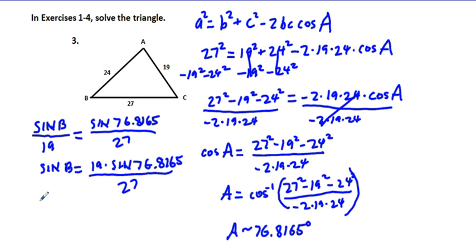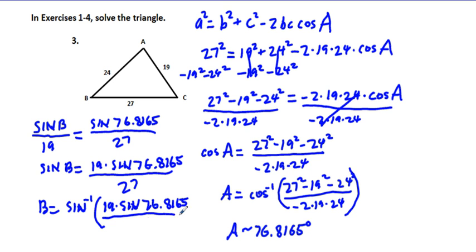So B is going to be equal to the inverse sine of 19 times sine 76.8165 degrees all over 27.